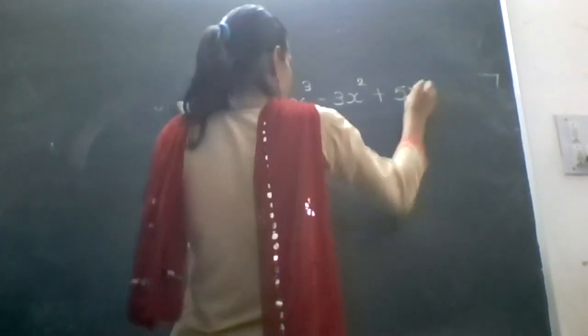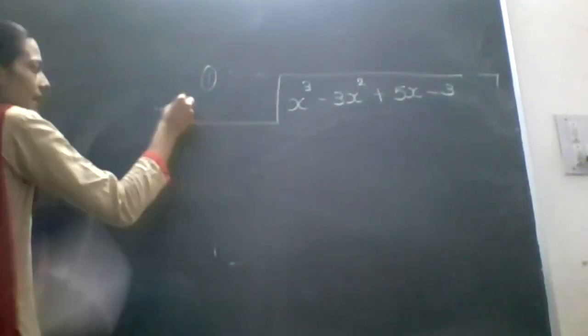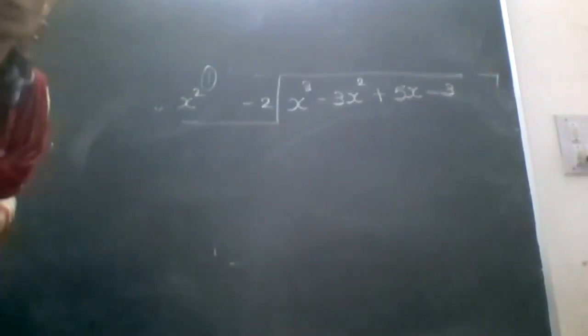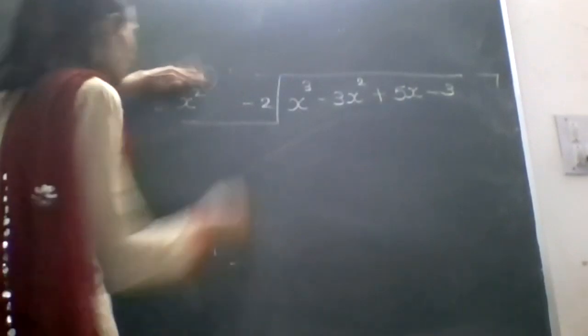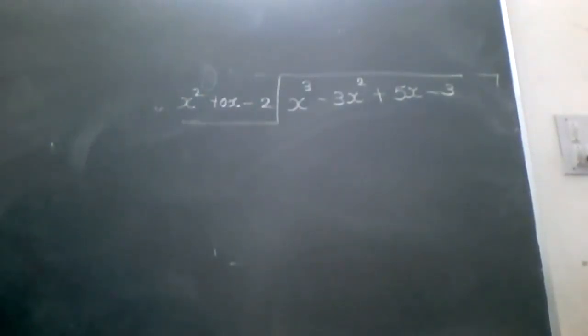It is given x cube minus 3x square plus 5x minus 3 and we have to divide it by x square minus 2. Here x is not there, so we will write plus 0x. Is it clear to everyone?